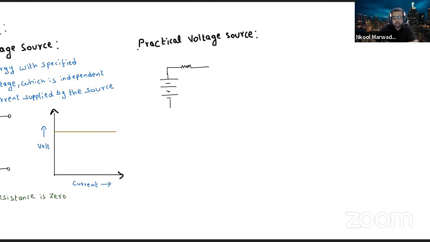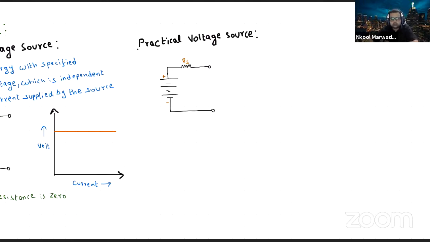Always there will be an internal resistance in series along with the battery. RS is the internal resistance.